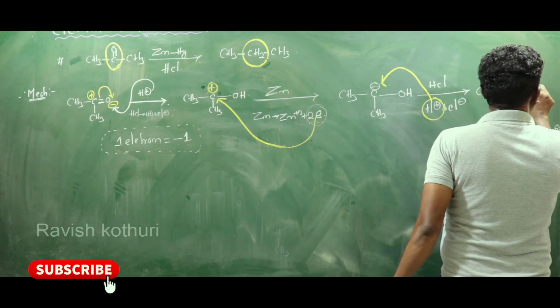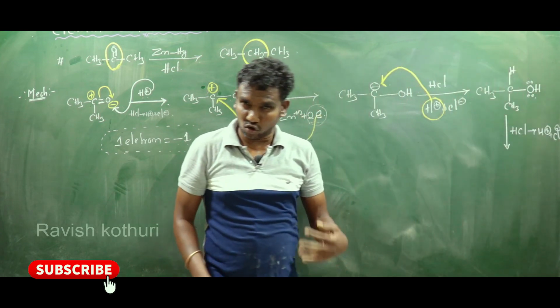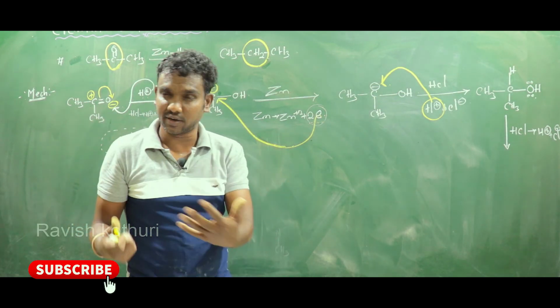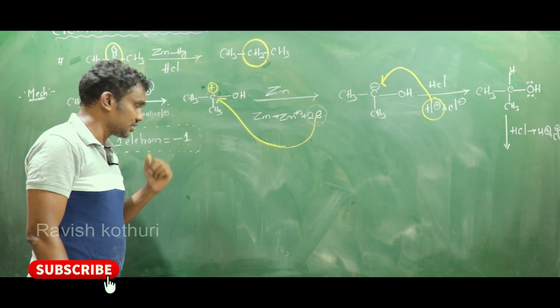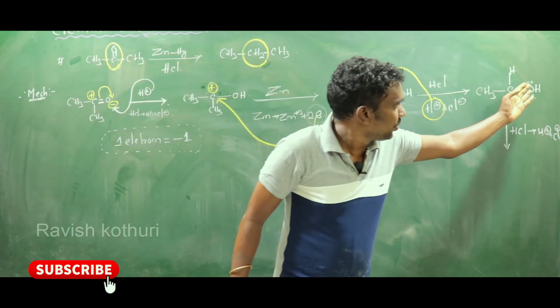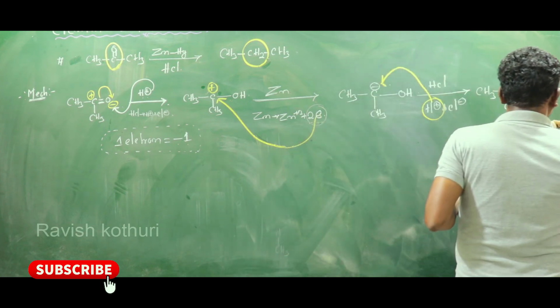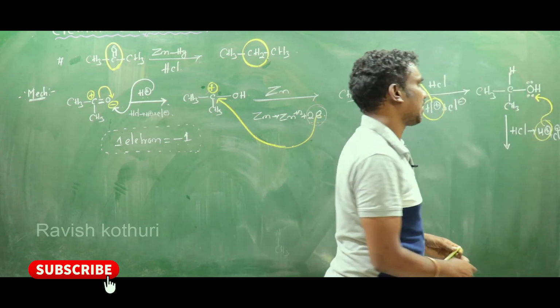Now this oxygen has an electron pair. The electron pair is negative charge, right? We know that, sir. The electron has a relative charge of -1, so that is the reason there is a minus charge here. Now this positive H plus attacks it here.